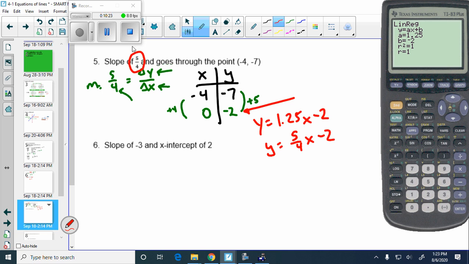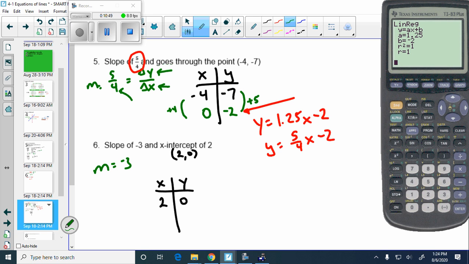All right, the next one is kind of like number 5, but it's a bit of an extension. First, I saw that the slope was -3, but my x-intercept of 2 needs to be rewritten like 2, 0. So when I make my table, I've got 2, 0.